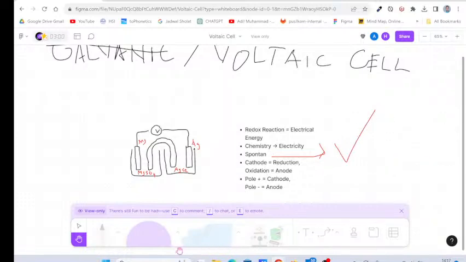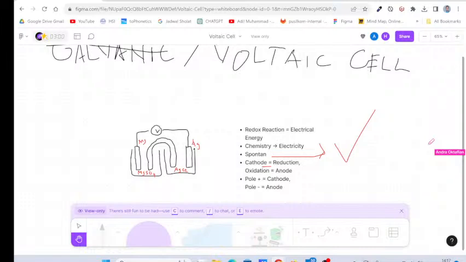As we already learned from the previous lessons, the cathode here is reduction. All right. So what does reduction mean? When electrons are increased, right? Yes, it's increased, actually. Sorry.